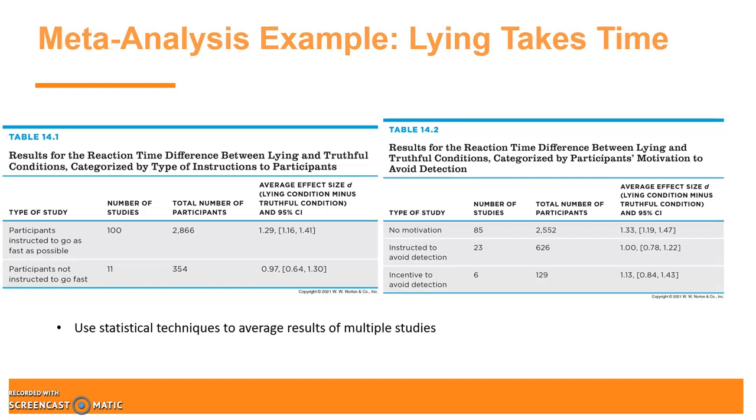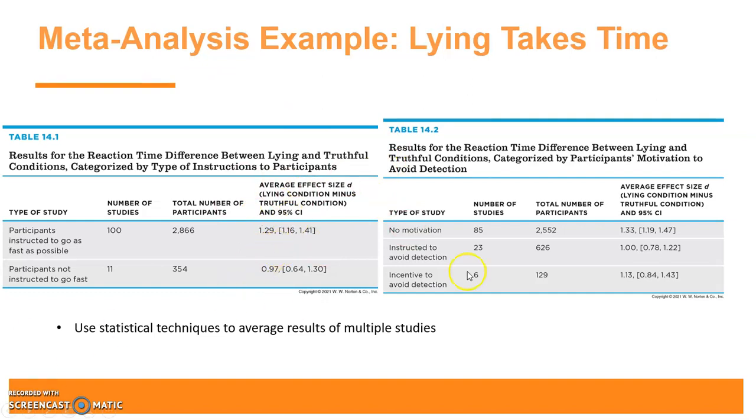A meta-analysis is kind of like a replication. As the name suggests, it's an analysis of analyses, put together in one paper. This is not a replication in the sense of a duplicate of the first, but this is where you're looking at many studies that were all conducted about a certain question, and then you pool the results together statistically to find things like the average effect size across all these participants.